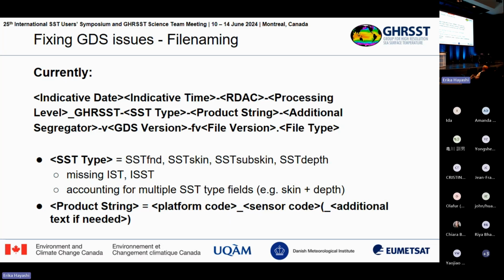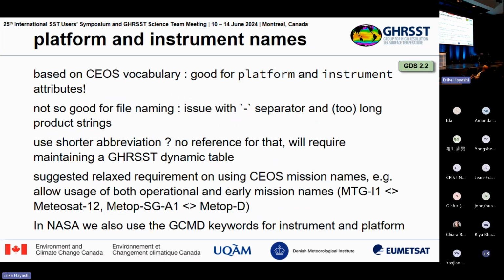Also, the product string is causing some issues because of the platform code and the sensor code. The reason is that for a platform and instrument or sensor, this is based on the GCMD vocabulary in order to ensure that everybody uses the same spelling for each satellite mission and each instrument.